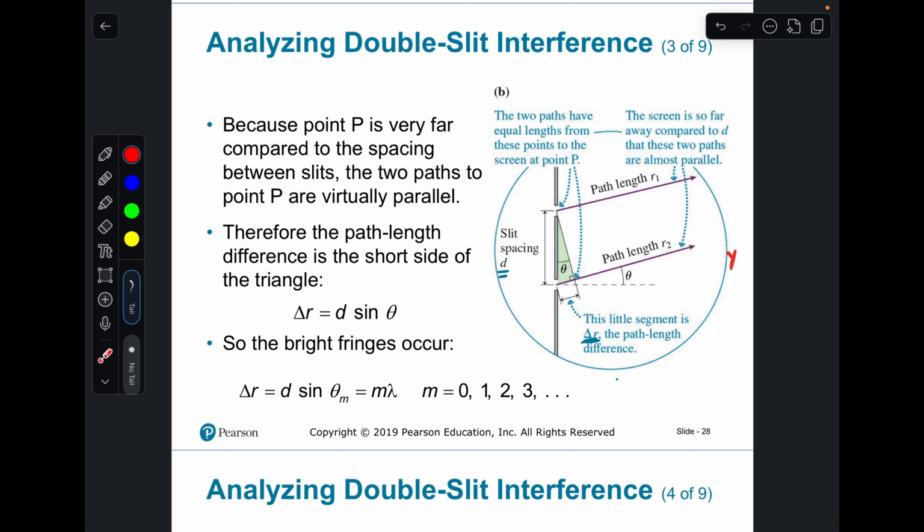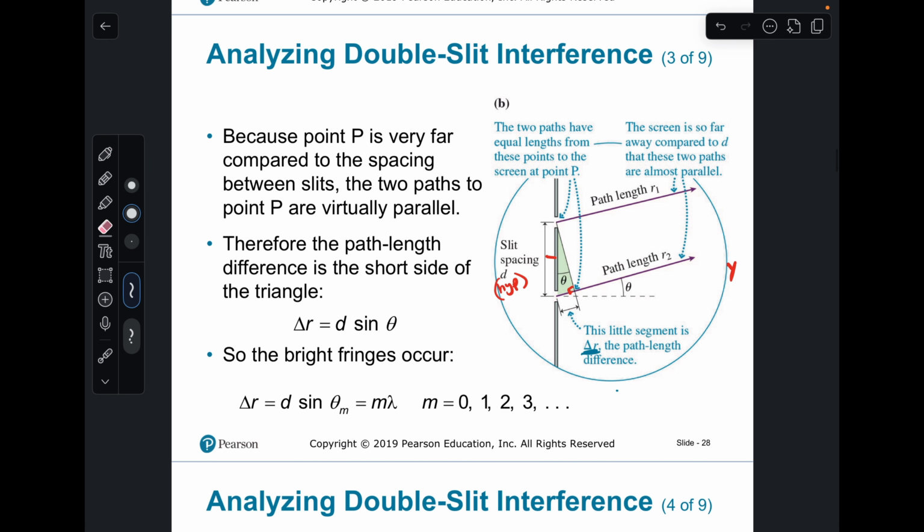And so now we can use this triangle and we can write down our knowns and we can solve for delta R. So it's a little bit hard to see, but if this is the right angle here, then D is the hypotenuse of that triangle. And delta R is going to be the opposite side.